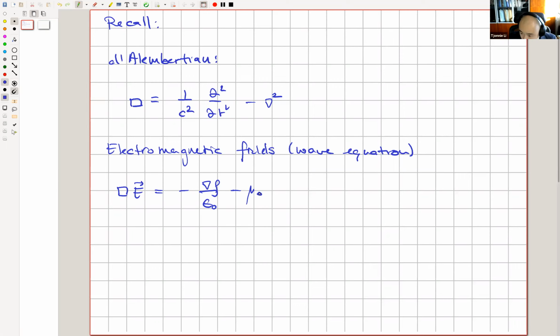Very good. Schwan, I hope I pronounced this correctly, is the partial J partial t. Good job. Okay, and so similarly, we derive the wave equation for the magnetic field. And here we're looking at mu naught and the curl of J.